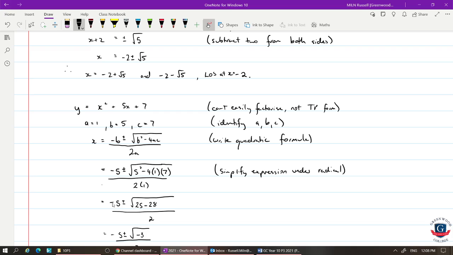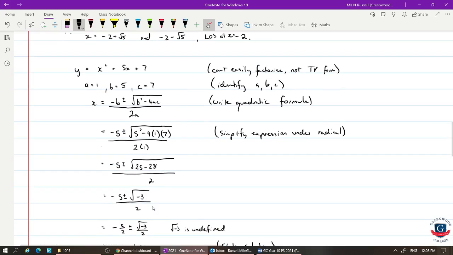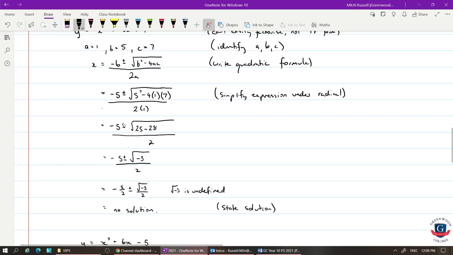Now simplify. -5 plus or minus the square root of 5 squared is 25, take 7 fours are 28. 25 take 28 is negative. So that instantly tells us there's no solution. This graph will not cross the x-axis. If we keep going, -5 plus or minus the square root of 25 take 28 over 2, which simplifies down to this.